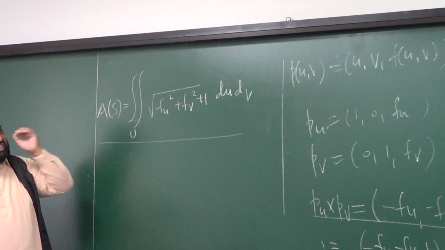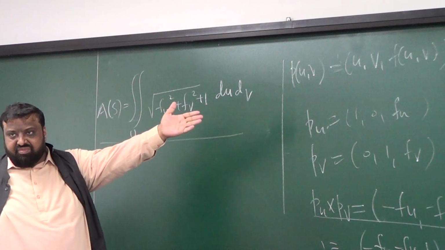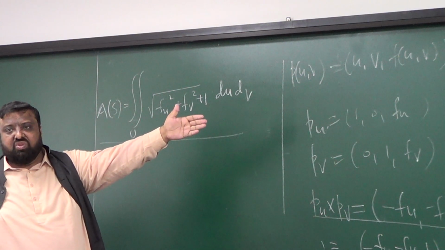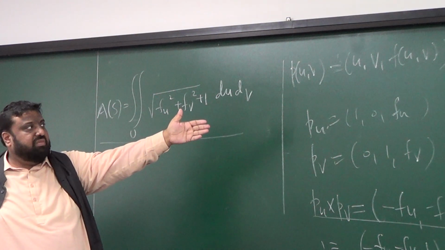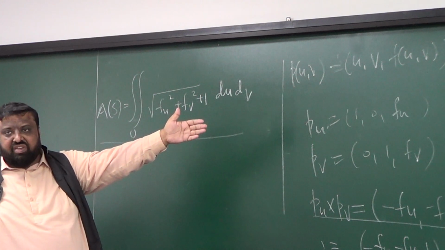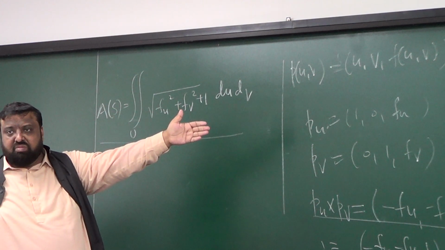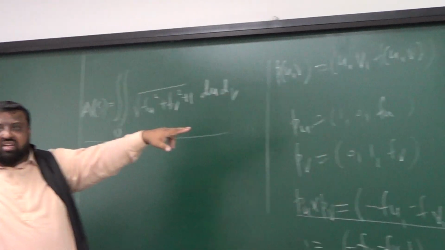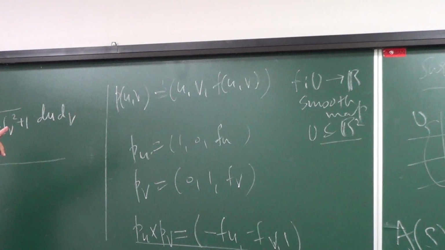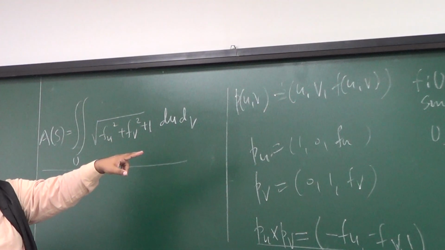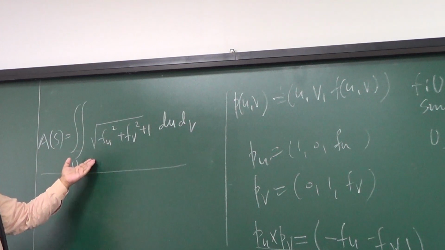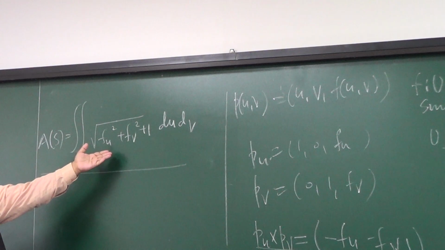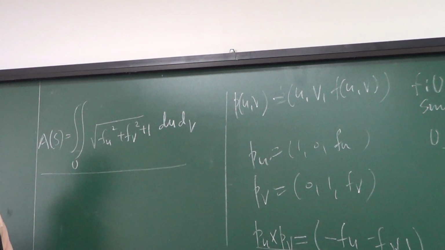Because this simply asks that you give me just f, any scalar field that takes input from R2 and maps it to R. Give me any f and I can find the surface area of its graph, by substituting fu and fv here and solving the integral, and you're going to get the surface area of the surface.